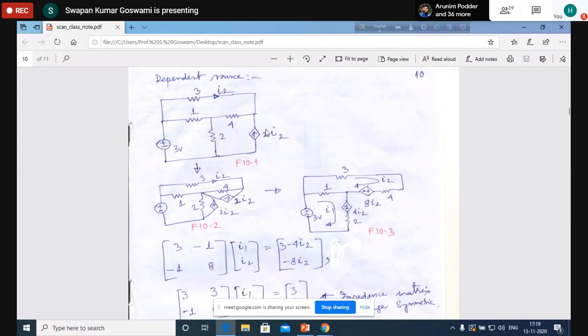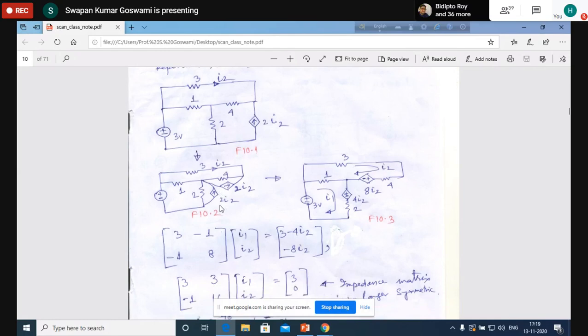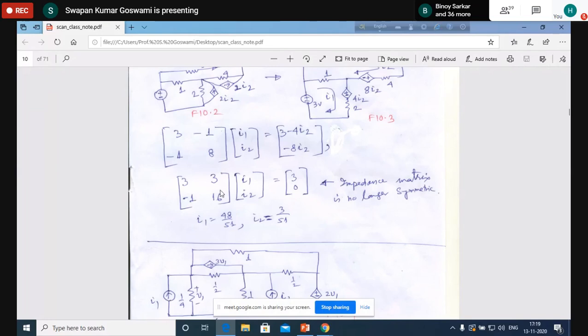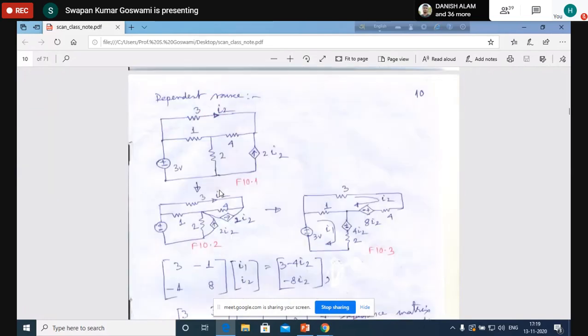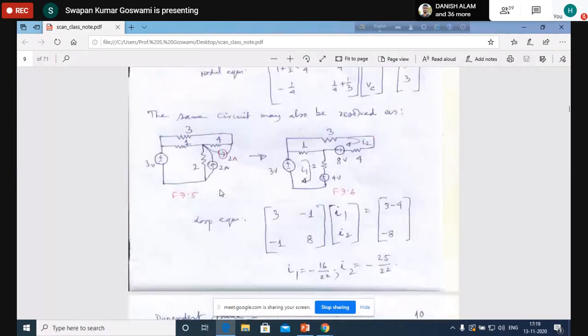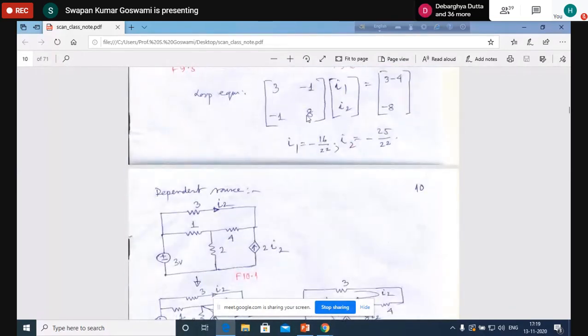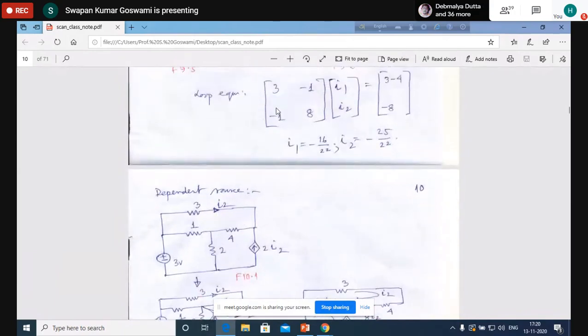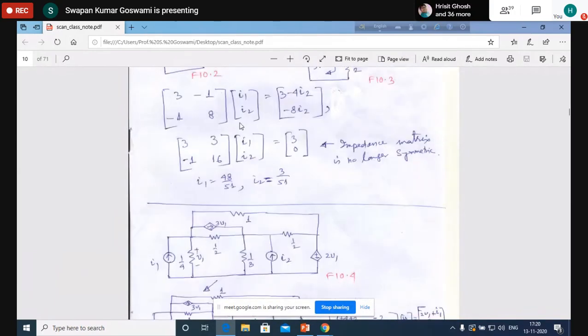We have done the source transformation as before, written the loop equation, and written the final form of the loop equation. What is the fundamental difference between this equation and this equation? Values are different, but at the same time the property of this matrix and this matrix are not the same. This one is a symmetric matrix, but this one is an asymmetric matrix.